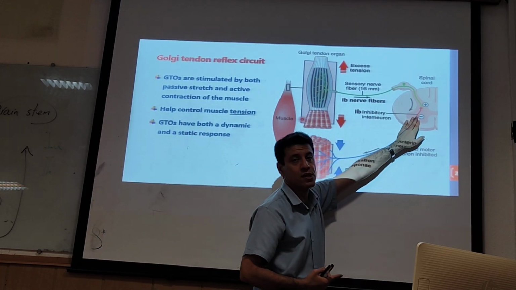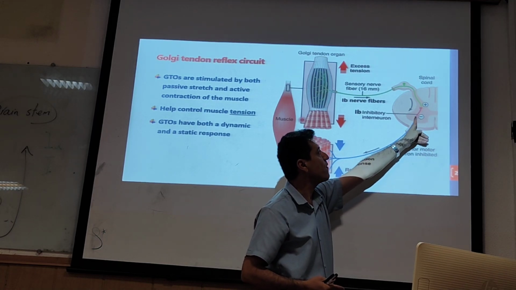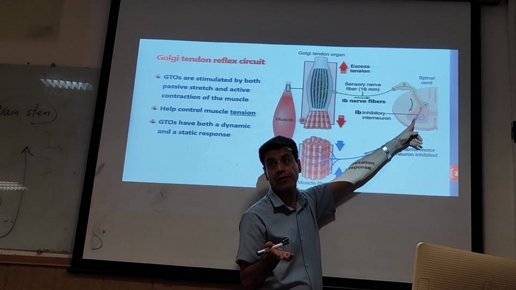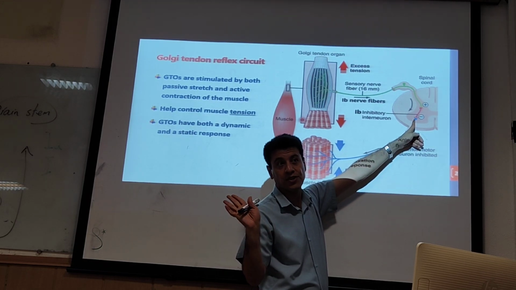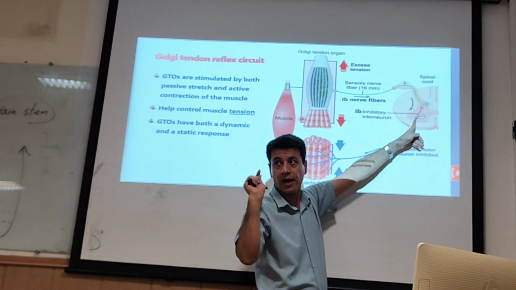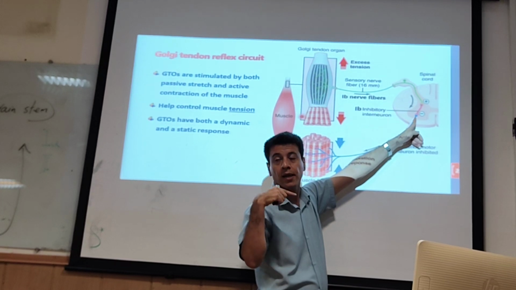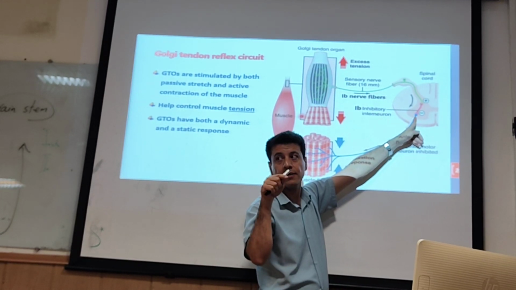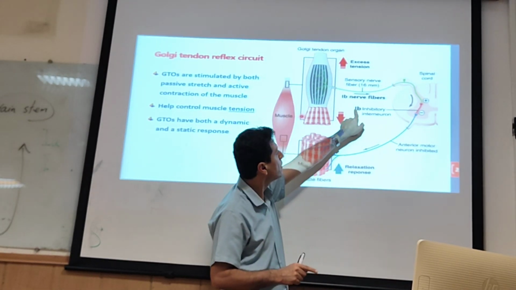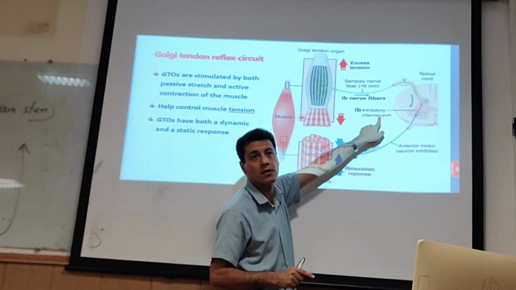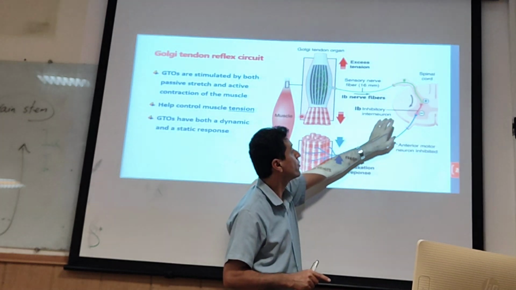So they go to the spinal cord. In the spinal cord, they first activate an interneuron. It's opposite to the stretch reflex that directly activates the alpha motor neuron. Here, it directly activates an interneuron. We call this interneuron the 1B interneuron, a 1B inhibitor.